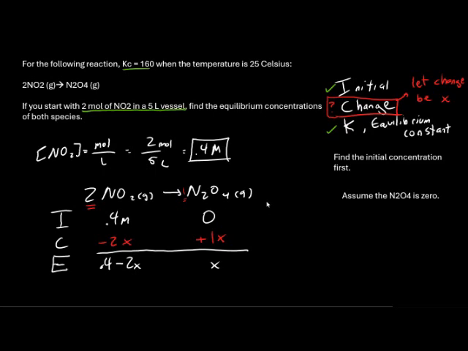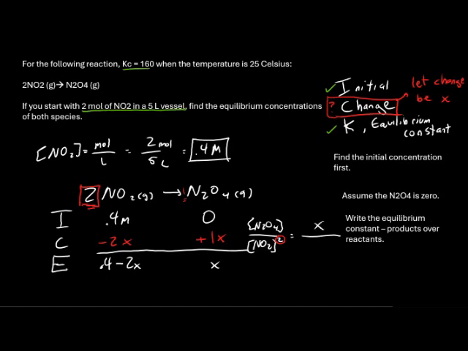Now that we know these, we can try to write the equilibrium constant. We'll write products divided by reactants. Our product is N2O4. Our reactant will be NO2, and this will be squared because there is a coefficient of 2 in front of the NO2.